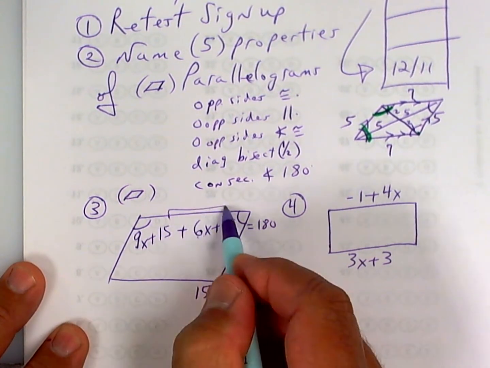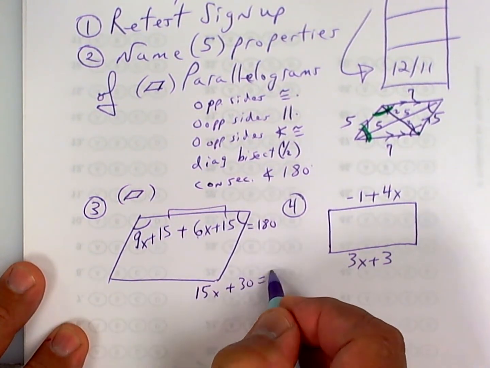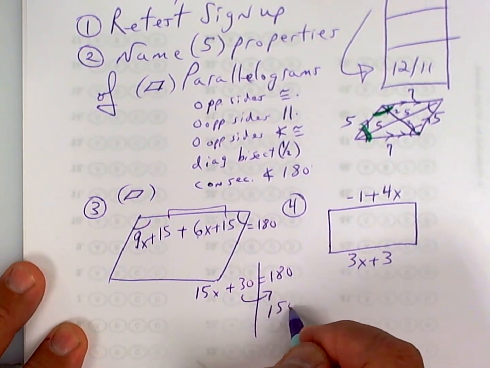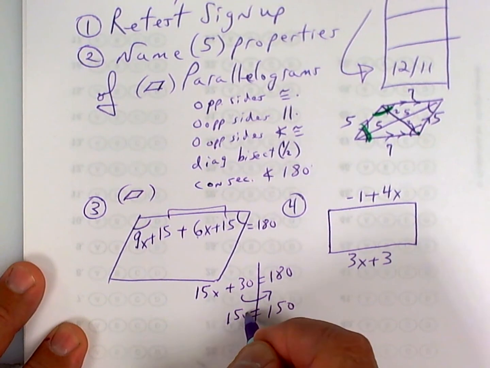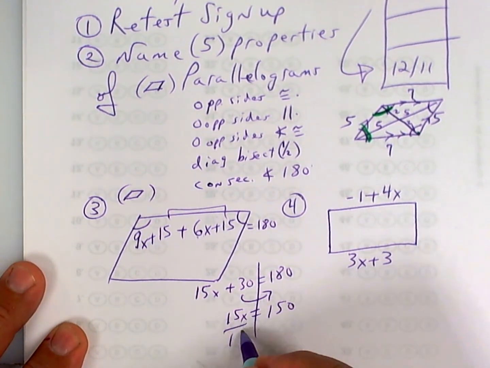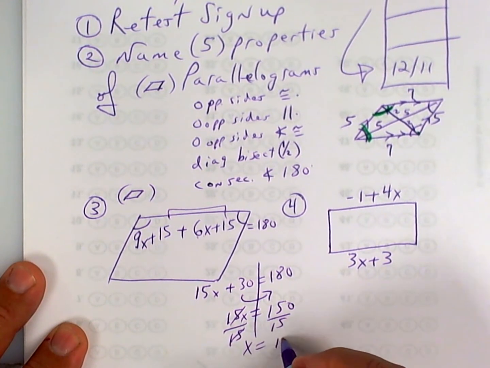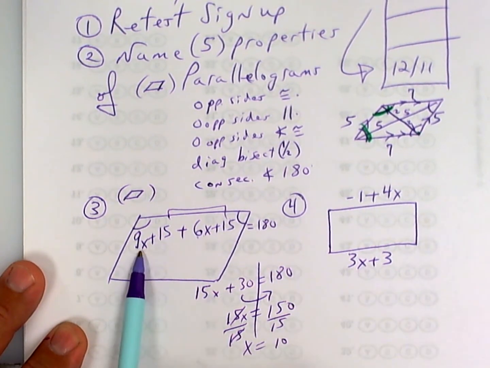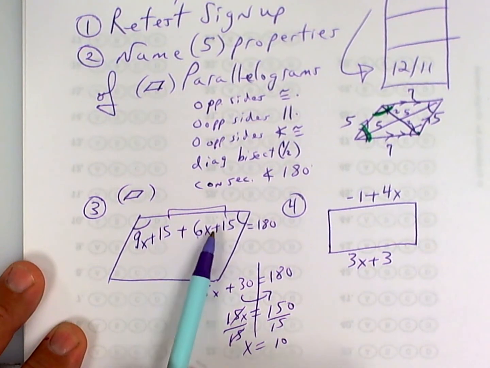And then 15 and 15 gives you 30 equals 180. You're going to subtract 30 and get 150. And then divide. So 15, it looks like it's going to be 10. So x is going to be 10. Okay, you can do it on your calculator. Now if you want to find the angles, you'd have to multiply 9 times 10 plus 15 and 6 times 10 plus 15. Make sure you understand that.